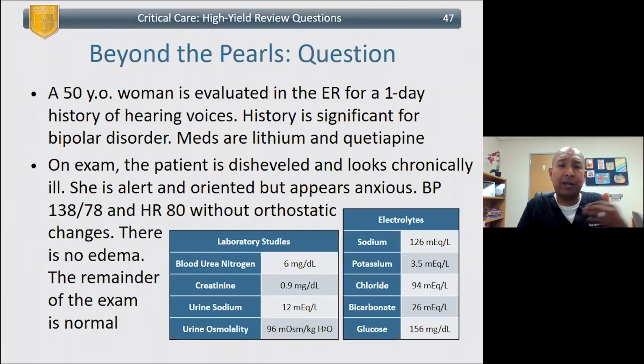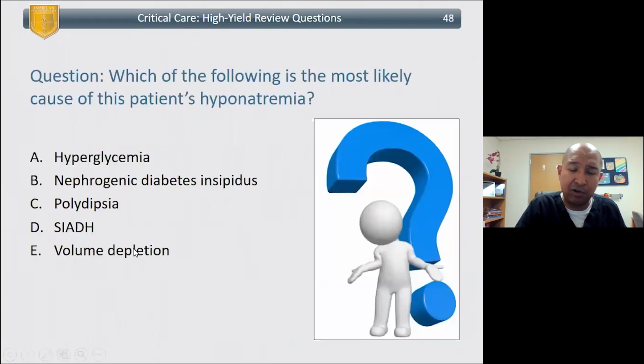So if you're chugging lots of water, what would your urine sodium be? Well, it's going to be very dilute. So the urine sodium has to be low. So it really comes down to, urine sodium is low in both. So how do I pick the right answer if urine sodium is low for both polydipsia and being volume down?